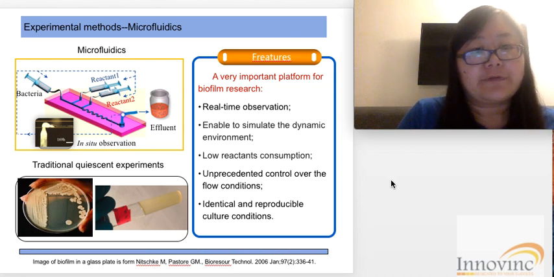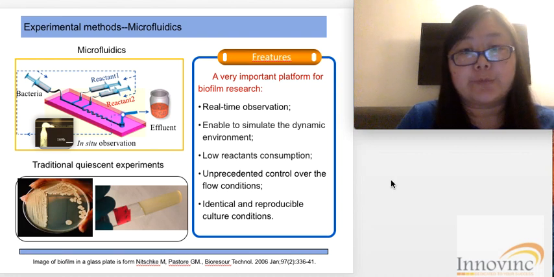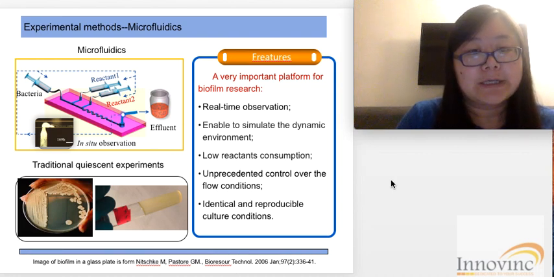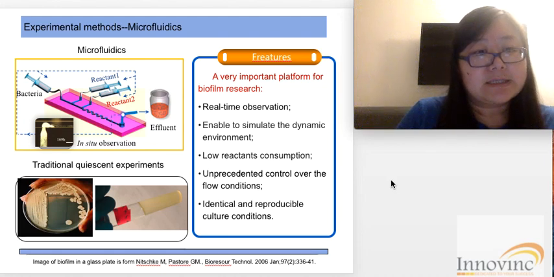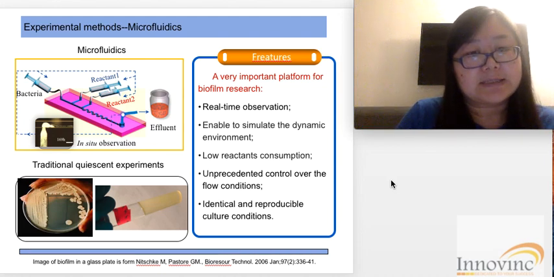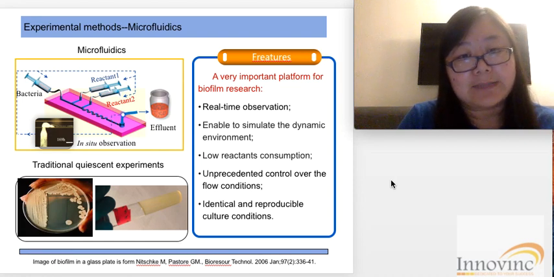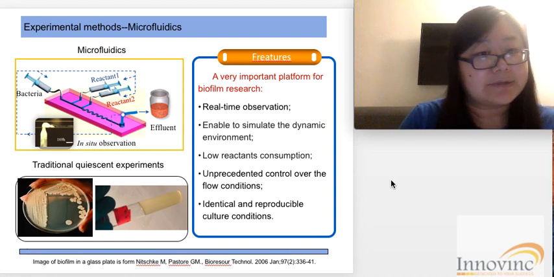Microfluidics has become a very important platform for biofilm research due to its advantages of real-time observation, the ability to simulate the dynamic environment, so we can observe in situ how the biofilm develops in flow systems, and also low reactant consumption.